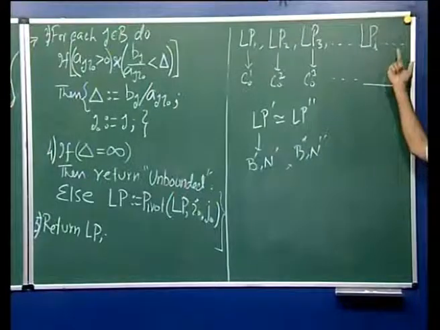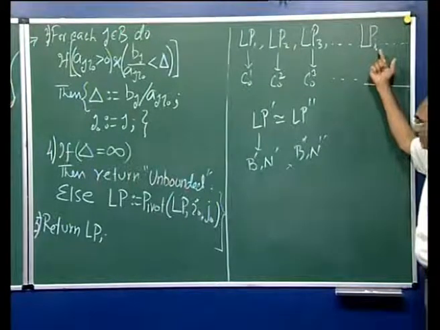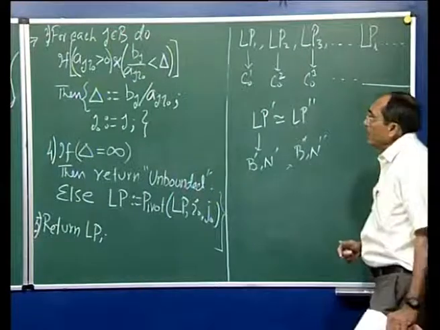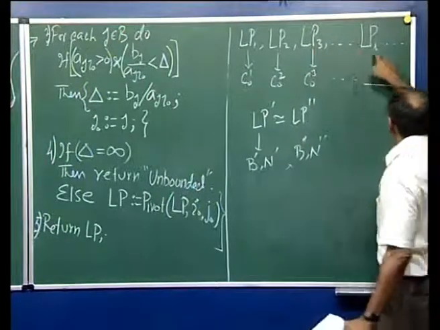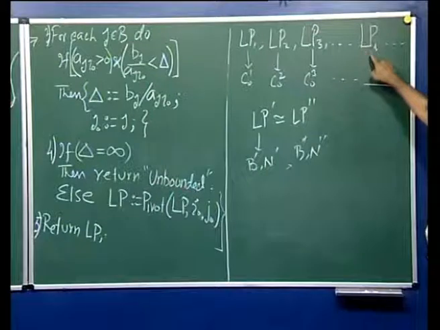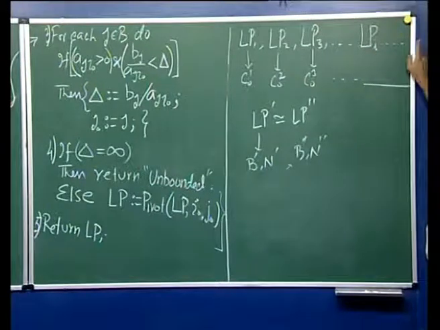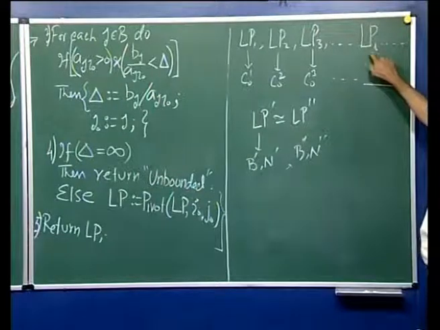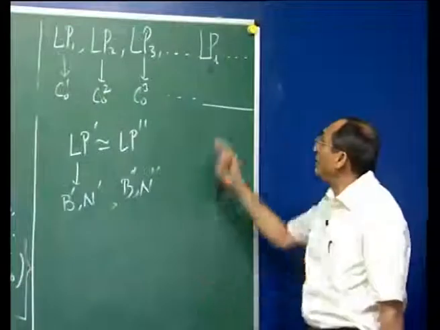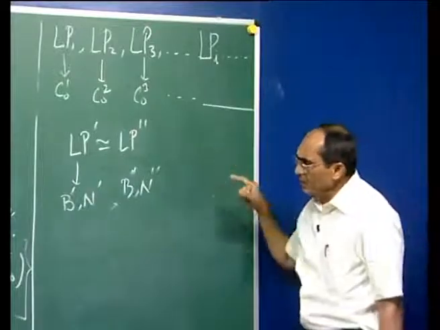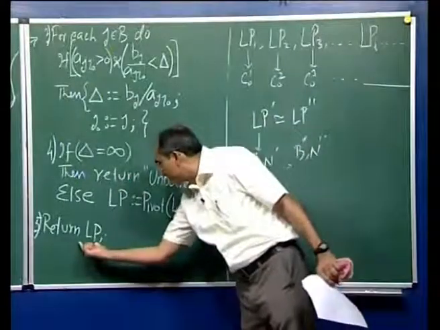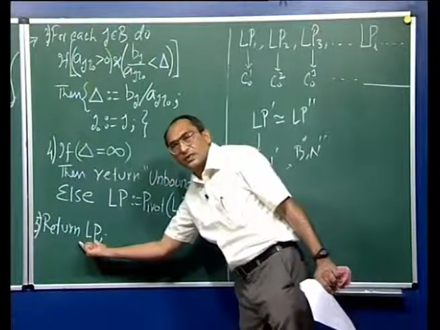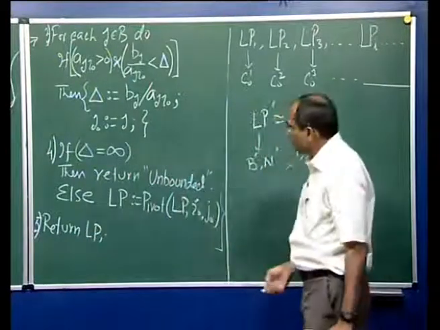And if they are reoccurring, then we are not going to gain anything. Hence, we have to locate a point when no new programs are occurring. At that time, we can stop. All of these give you the same objective function, and all of them can be given as a solution. We return the linear program as the solution, so any one of these is as good as the other.